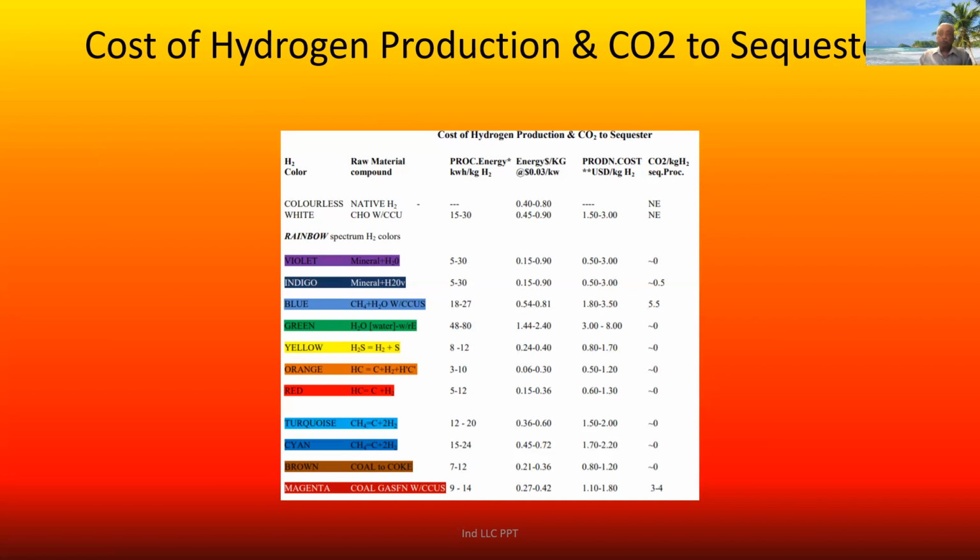Over 100 years ago, some of the industrial processes produced hydrogen by reacting iron and water. It can also be done from ferrous oxide and water. Any material that's in the reduced state, which can take water as an oxidant, can produce hydrogen. This is violet hydrogen or the indigo hydrogen.